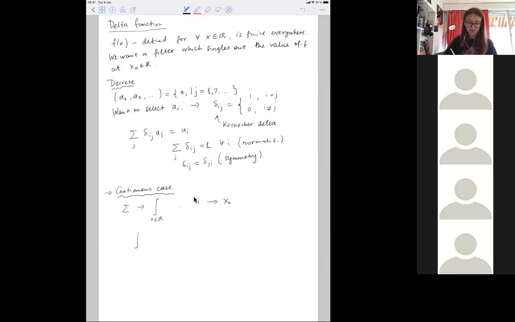Then the function that represents our desires would look the following way. If we integrate a function f of x with this object, then we single out its value at point x0.